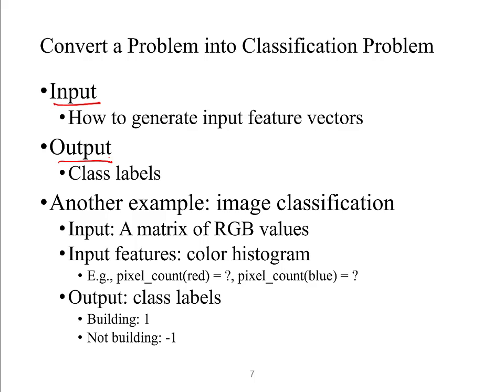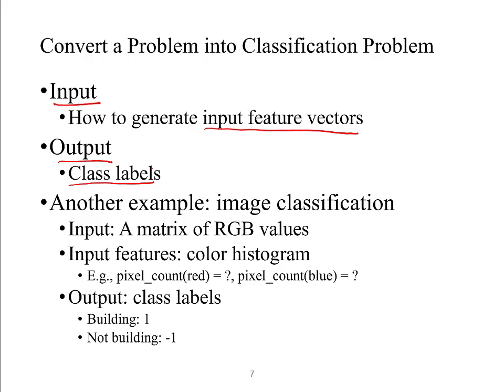Especially for input, you need to know how to generate the input feature vectors. That is a critical step. And for output, you need to know what the class labels are. Arguably, the output part is easier, and the input part requires more effort.